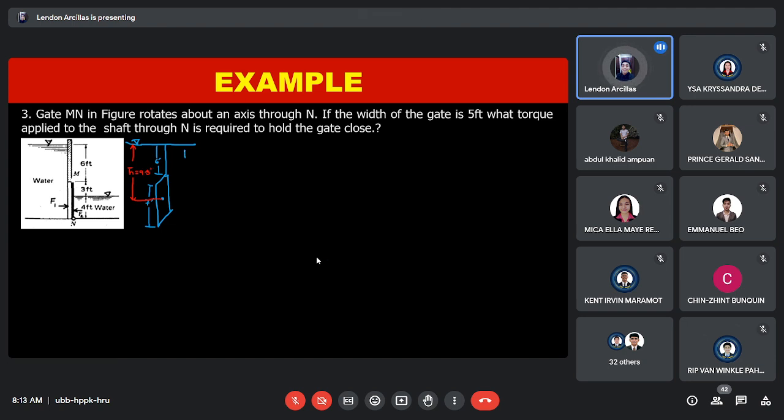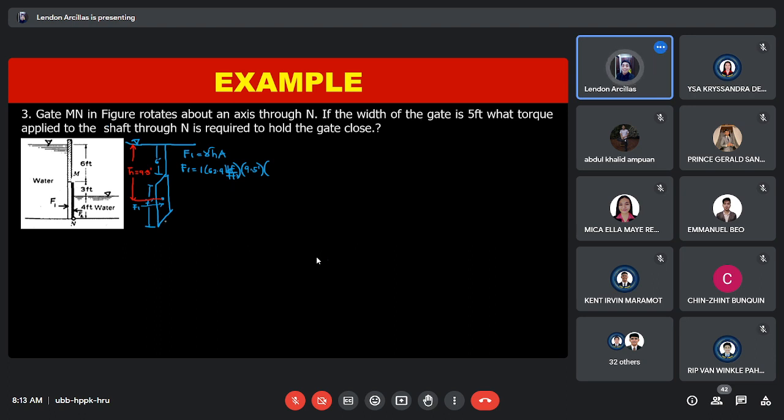So the F1 here, or the hydrostatic force at the left side, is specific weight times H bar times the area of the gate. So F1 here is specific weight, that is water ba? Okay, water. 1 times 62.4 pound force per feet cube. H bar is 9.5 feet times area of the gate, that is 7 feet, and ano nga yun?